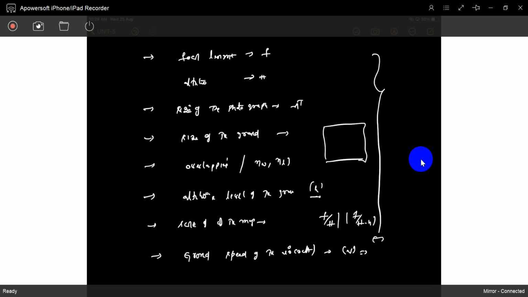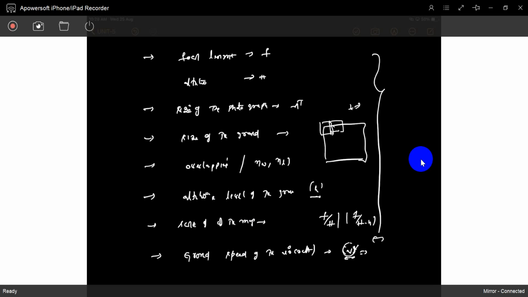For widthwise, we already know how many photographs are required. Based on the velocity of the flight, you can easily find out how much time it takes for one photograph. Maybe 5 seconds for one click, or 10 seconds, or 30 seconds, one click.